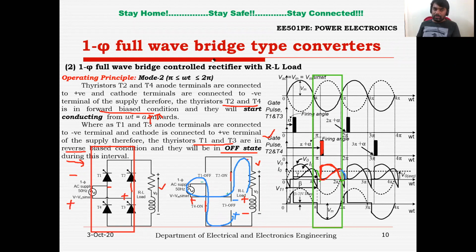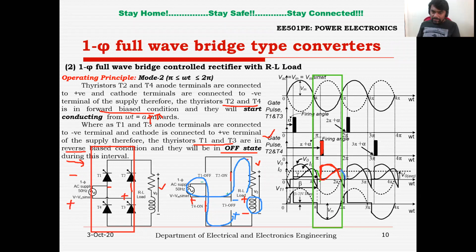Right. So now whatever energy it has in it will be dissipated completely at this particular point. So if you have a large value of inductor, it may discharge here, may discharge here. Here I have considered only a small value of inductor. So it is discharging completely at this particular point. Right.